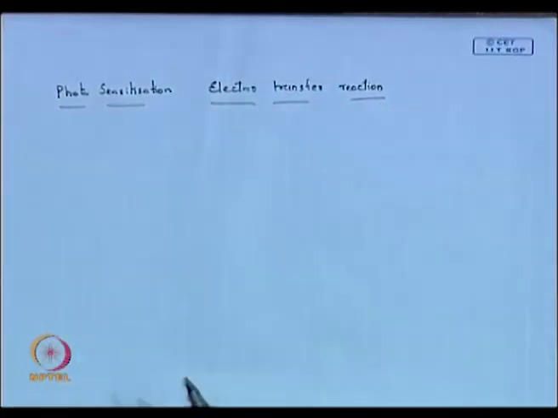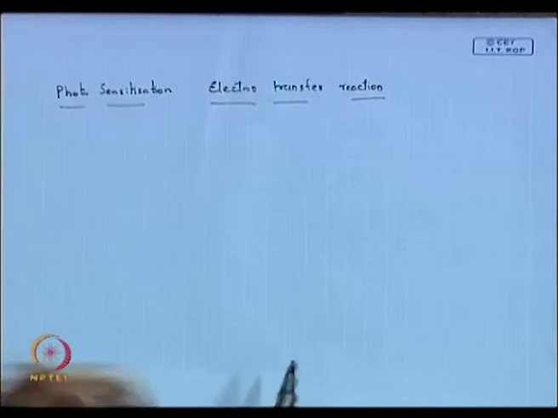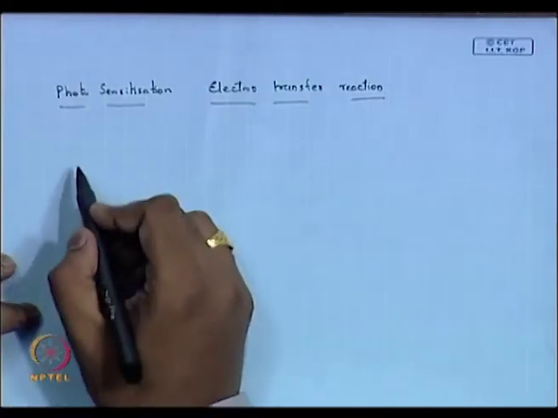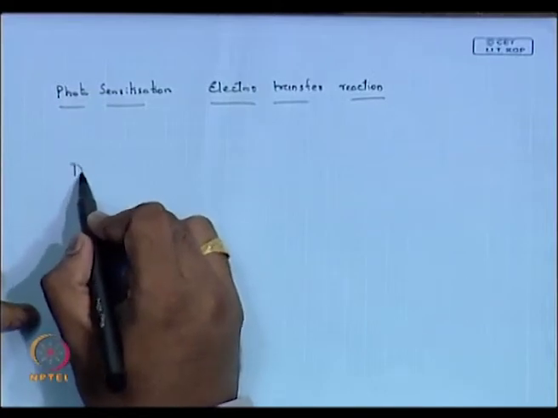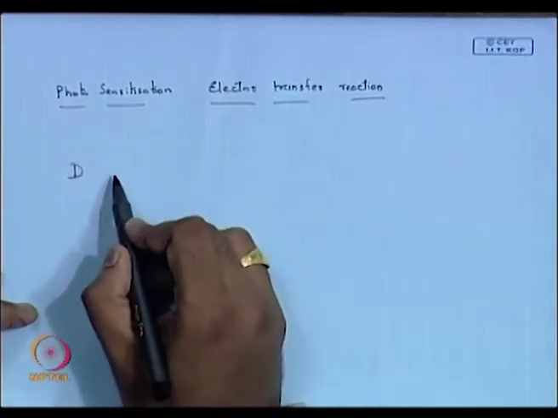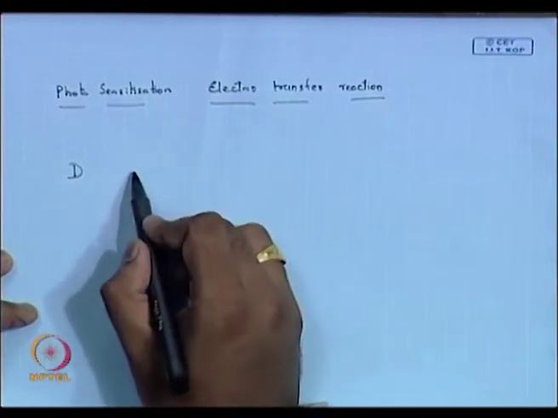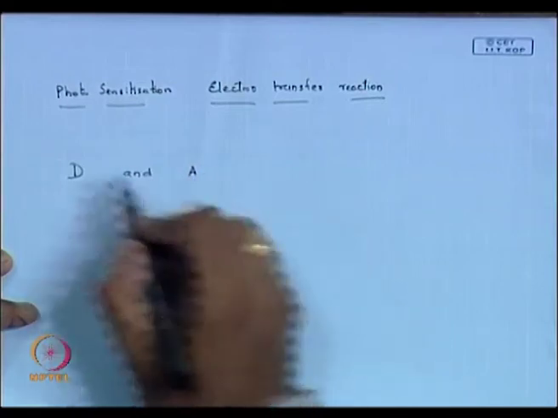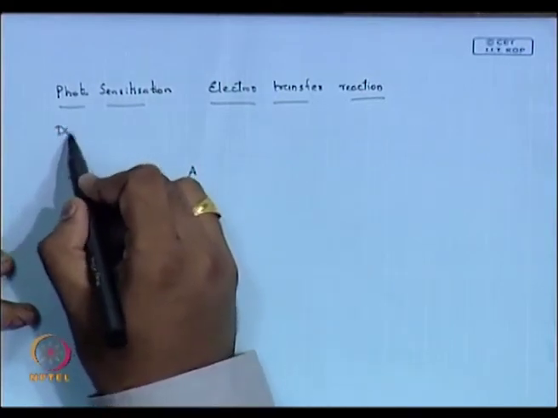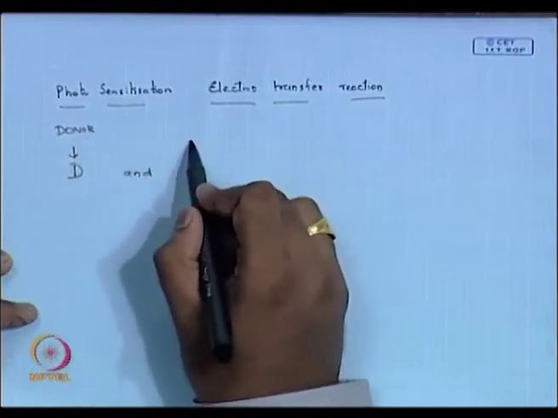We have studied this in n pi star reactivity, right. I will just refresh you one more time. You can do chemistry with units like donor and acceptor. We call it D, mostly we call it donor.